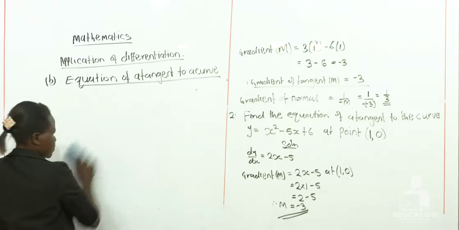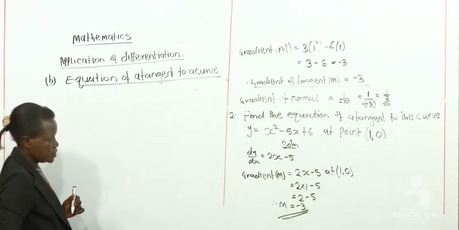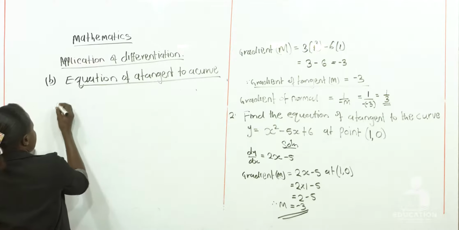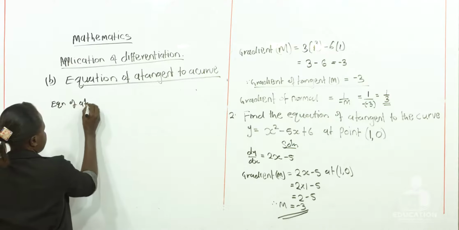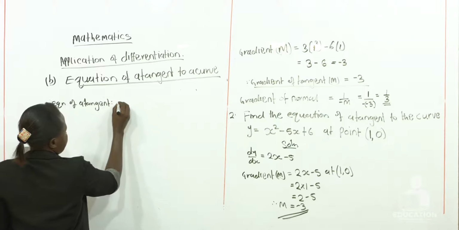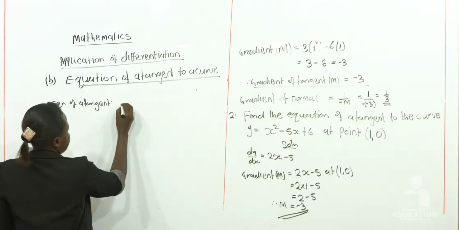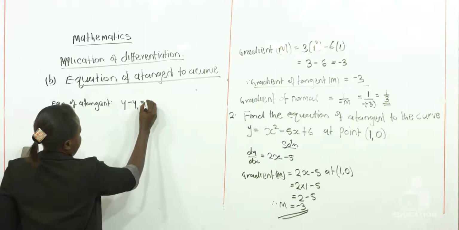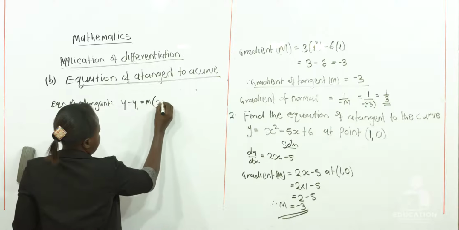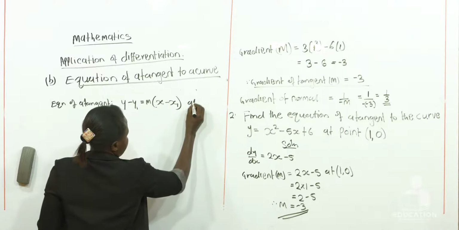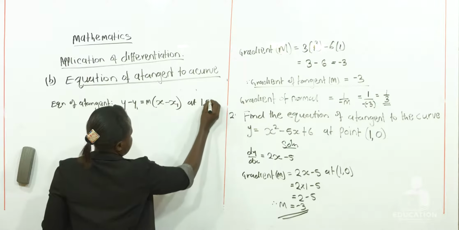Our equation of a tangent is the same as the formula for the equation of a straight line. The equation of a tangent is given as y minus y1 equals m into x minus x1, at (1, 0).